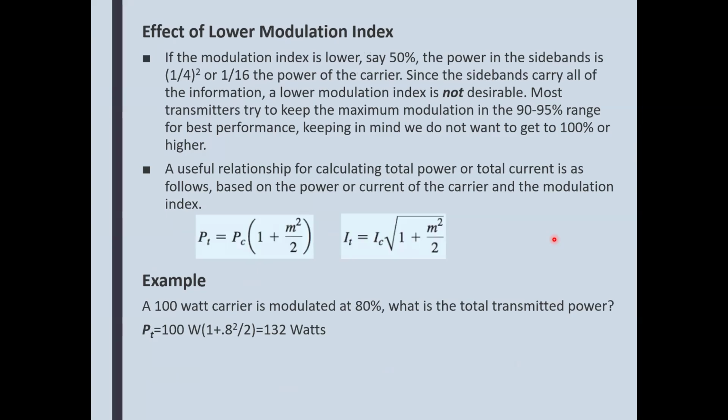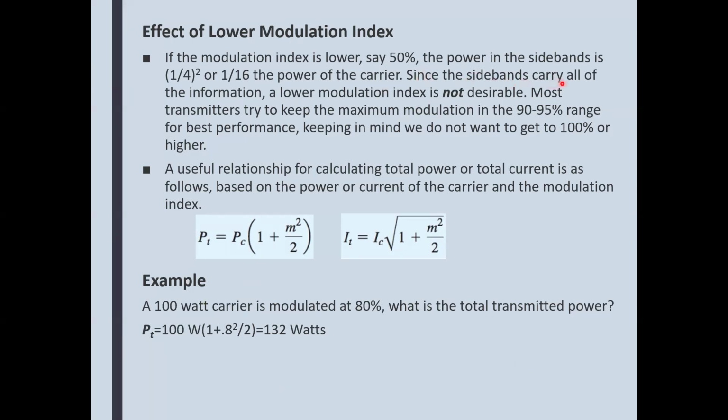Effective modulation. If the modulation index is lower than 50%, the power in the sidebands is 1/4 squared, or 1/16, of the power of the carrier. Remember the logarithmic scale, dBs and all that.